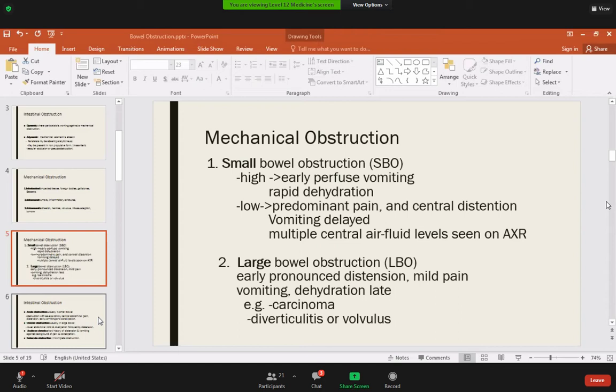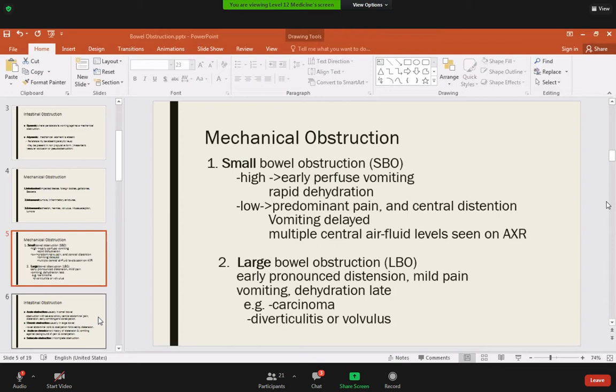And as the patient cannot have anything going distal to that obstruction, he may present to you with rapid dehydration. There is no absorption of fluids from the lower part of the intestine. So there will be rapid dehydration. So usually in patients with high small bowel obstruction, there is pain, vomiting, but very mild distension.